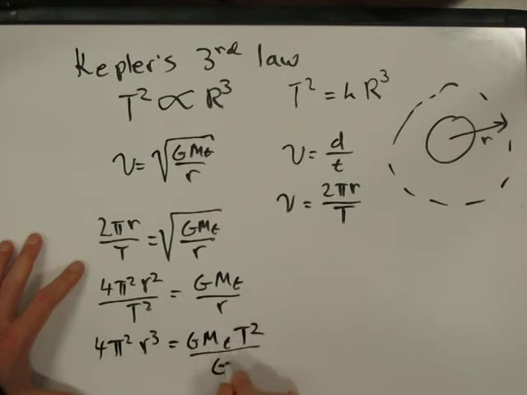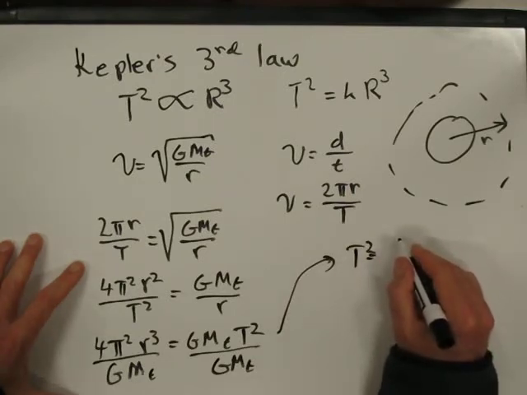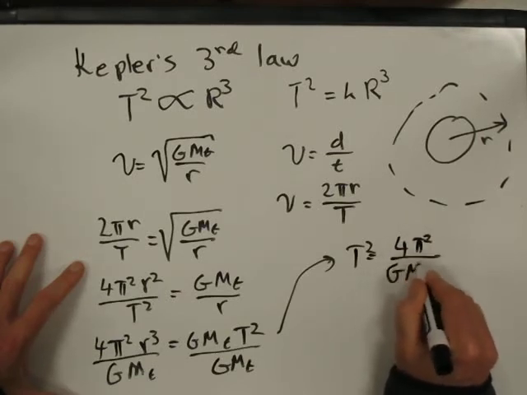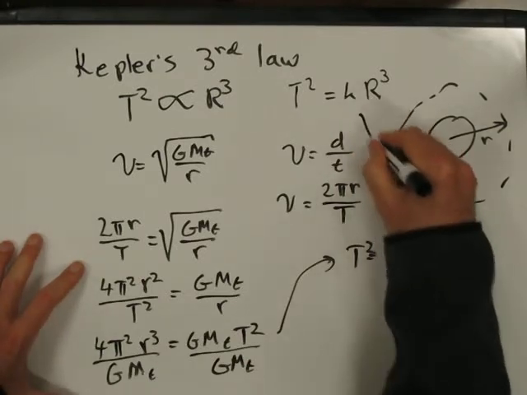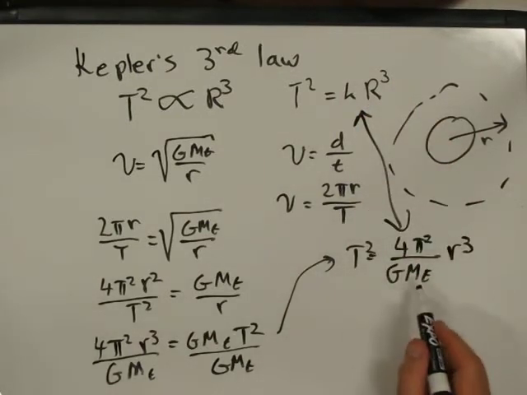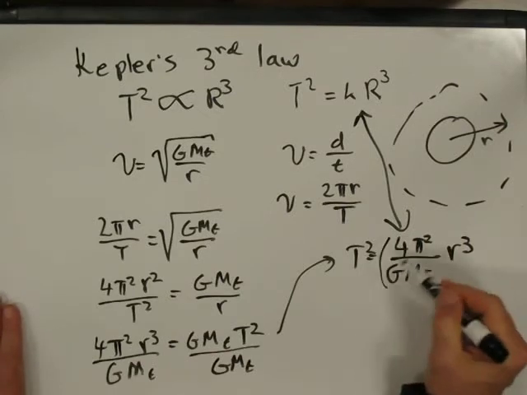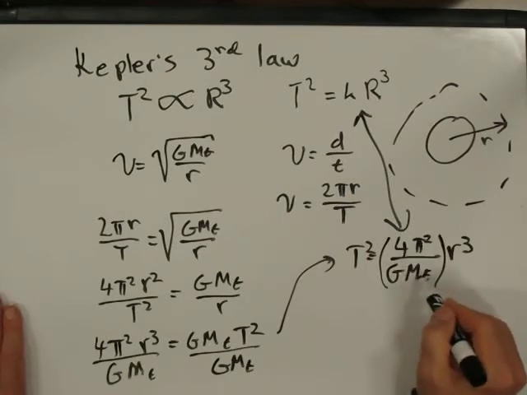And then I can just divide both sides by G times the mass of the Earth, and that would give me the period squared is equal to 4 pi squared over G times the mass of the Earth times the radius cubed.